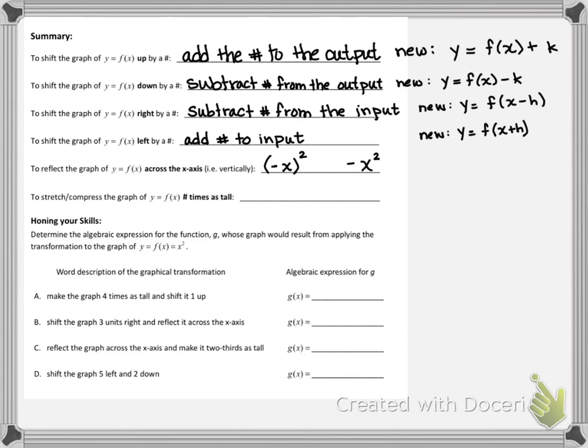So when you want to know if it's the input or the output, think of order of operations. So does multiplying by that -1 happen before I square or after I square? If we were to plug a number in for x, the first thing you do is square, and then multiply, right? So we're multiplying -1 by our output.